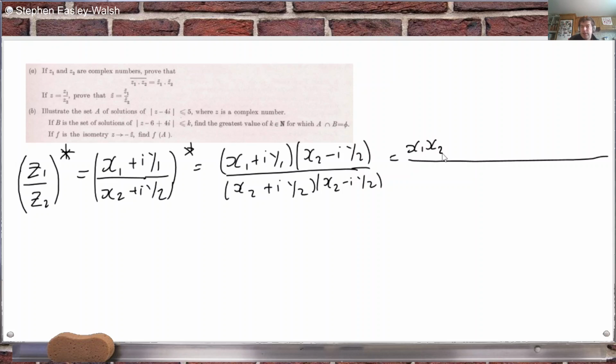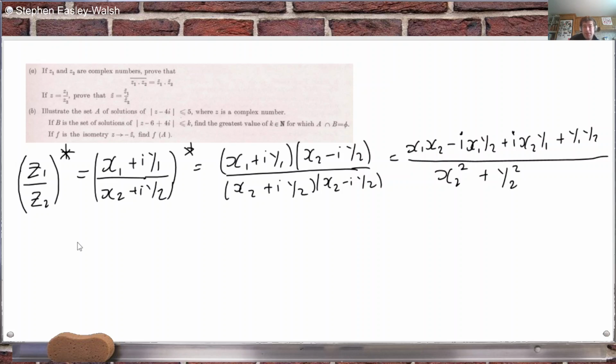X1 X2 minus i X1 Y2 plus i X2 Y1, and then i by minus i is minus i squared, so that's plus Y1 Y2. And then on the bottom you're left with X2 squared plus Y2 squared.